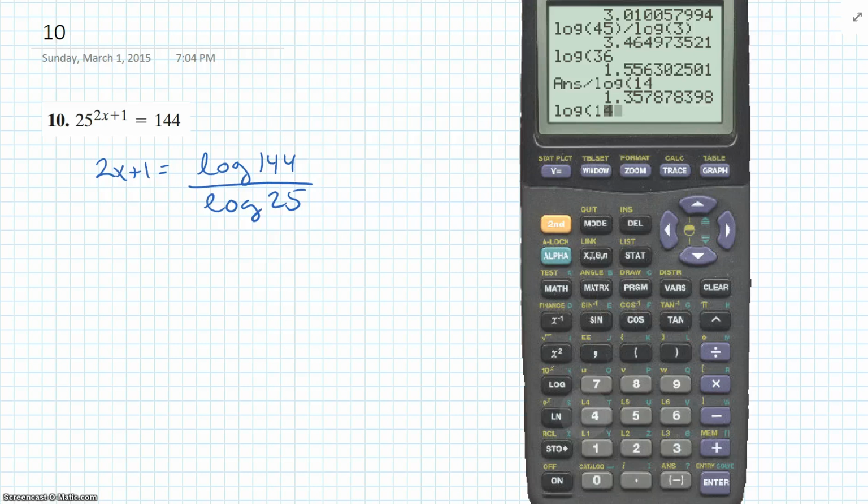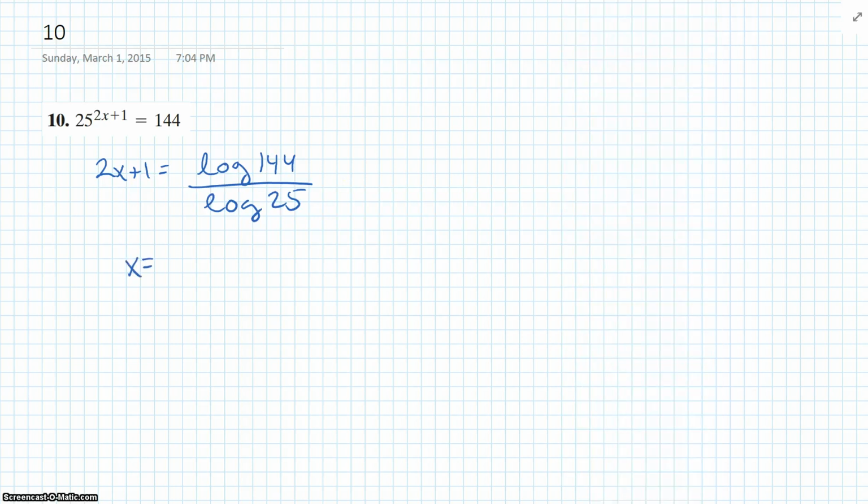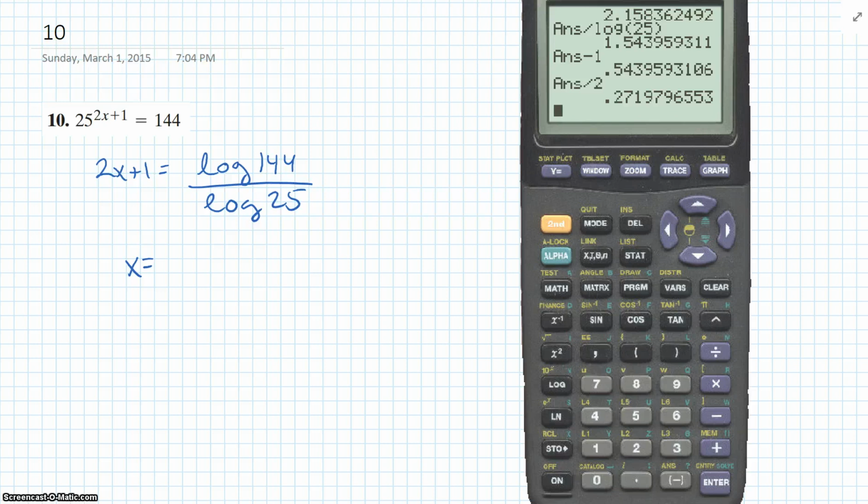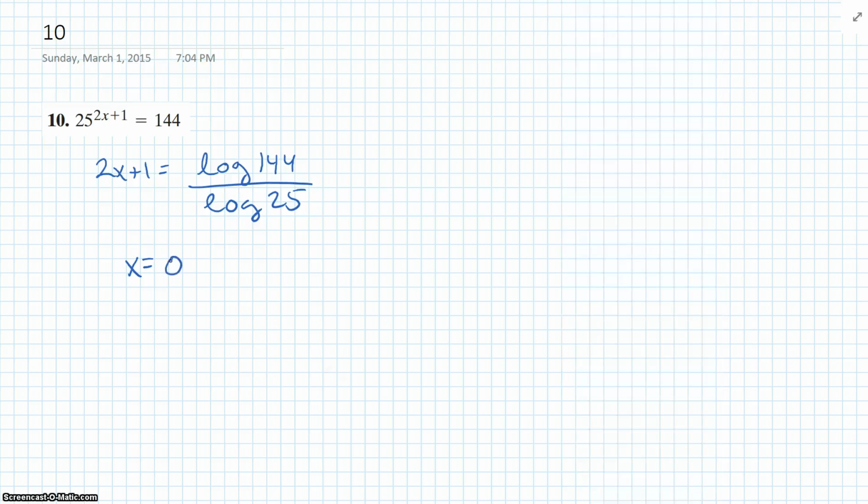So the log of 144 divided by the log of 25 equals, okay, subtract 1 and then divide it by 2. So x equals 0.272.